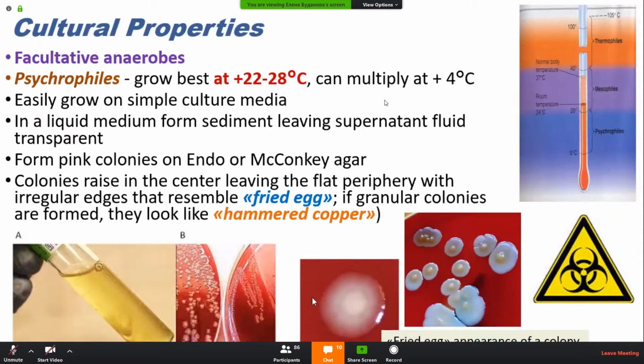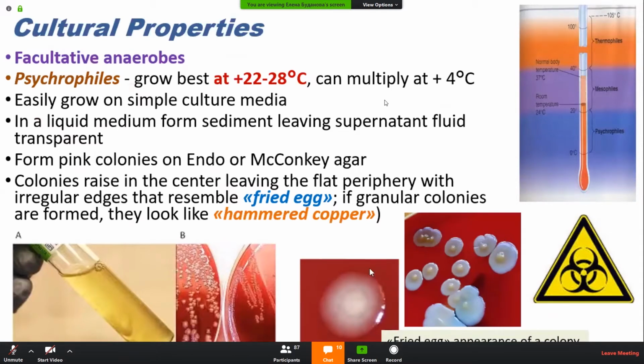And blood containing medium maintains the growth of these bacteria, and it lets them grow fast because typically in other media they grow up to two days, but on blood agar they produce colonies within 24 hours of incubation. So their colonies raise in the center, leaving the flat periphery with regular edges.